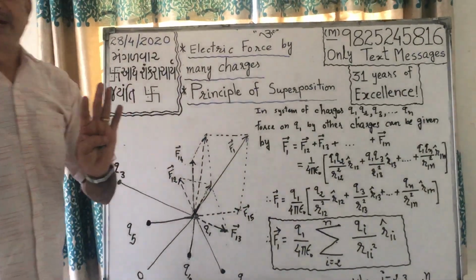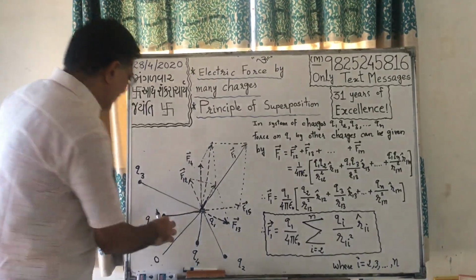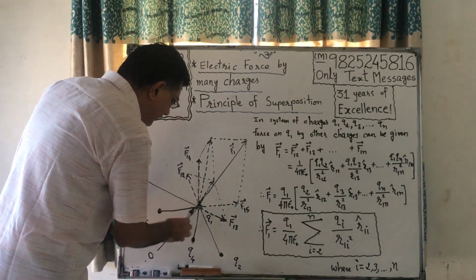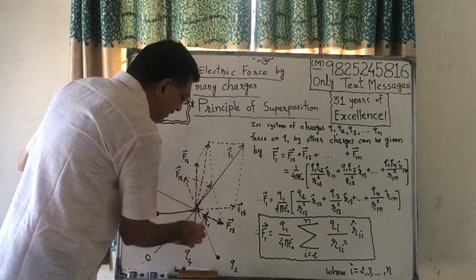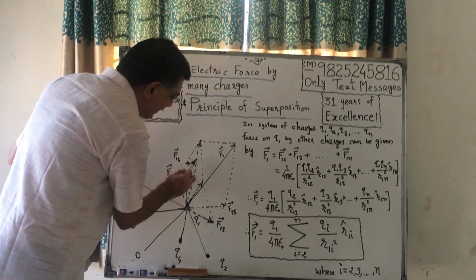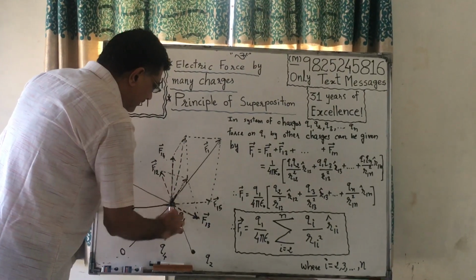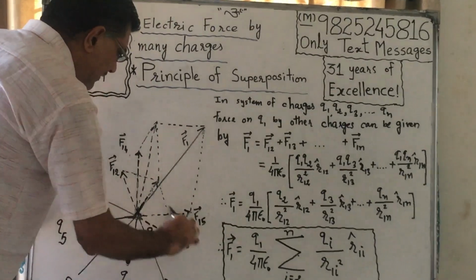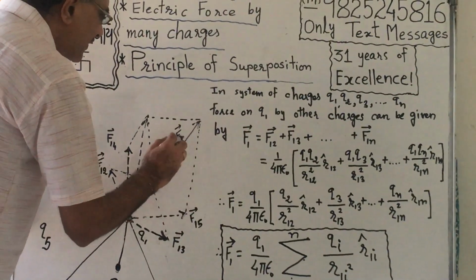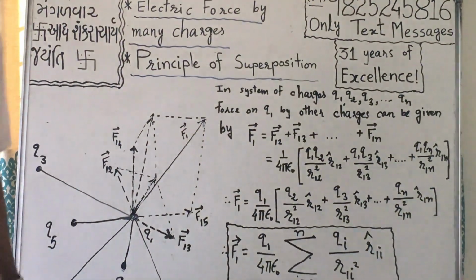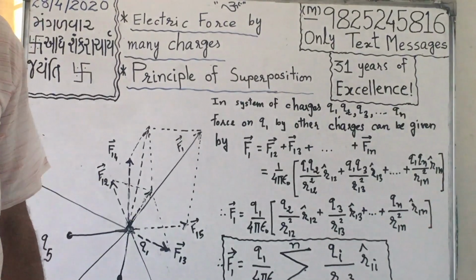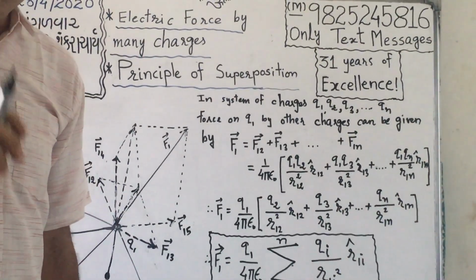Now we only have to add F15, that is the force on 1 by 5. Again repulsion. Now I have to add this and this. Preparing a parallelogram, these are the parallel sides and this is the diagonal. This is the resultant force on Q1 by Q2, Q3, Q4 and Q5.